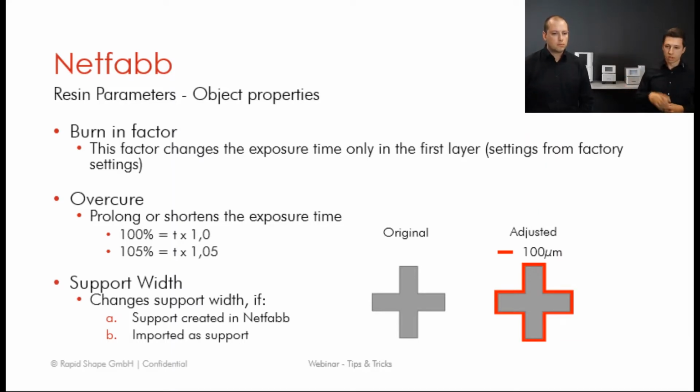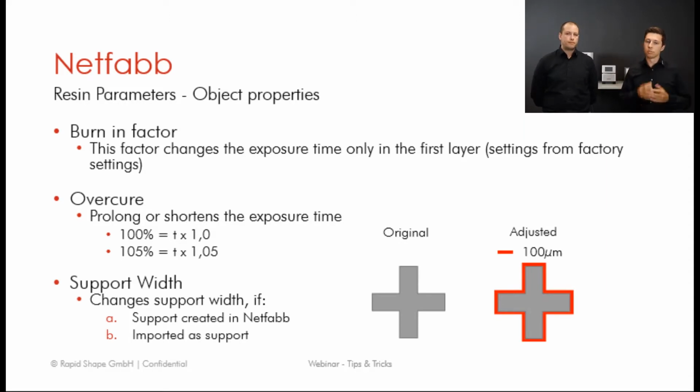We would like to show you, and there's one first question, which Ignatius already has seen: is the burn-in factor first layer or first layers? In here, it's written, settings from factory settings. So it's a little bit different for each material. It can go up to 10 layers, for example, but it always depends on the material settings.